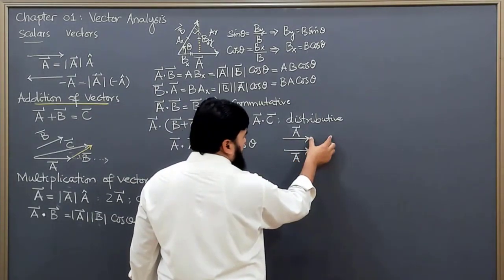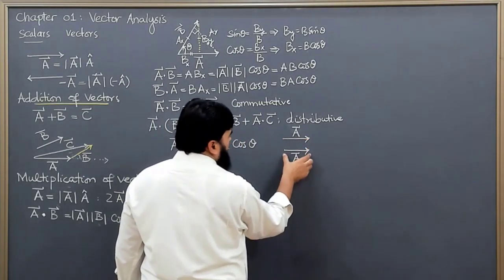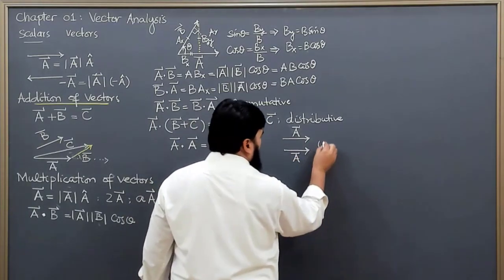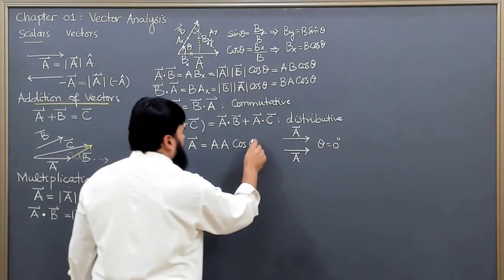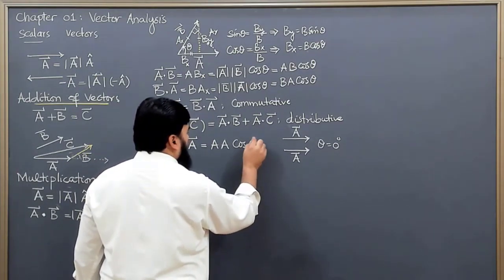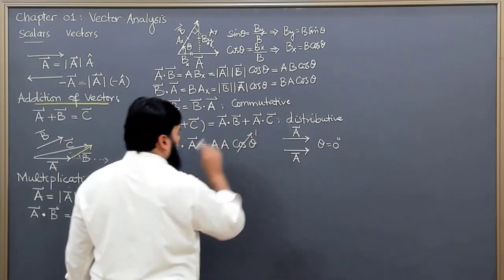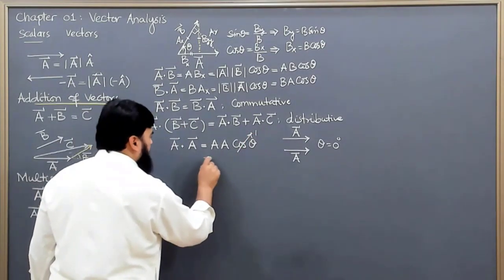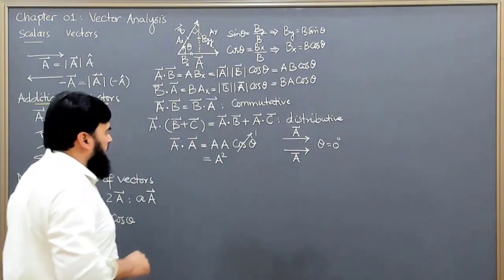In order to find the angle between the two, I will just overlap it here. So they are in the same direction and the angle between them is equal to 0 degrees. And I know that cos 0 goes to 1. And I will have that A dot A is equal to A squared.